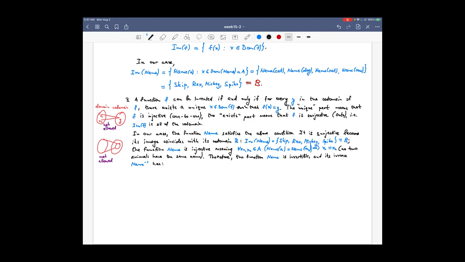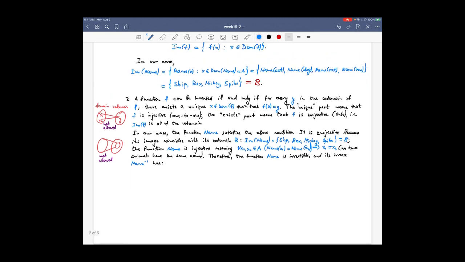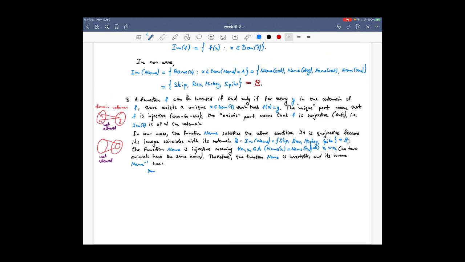The domain of the inverse is the same as the image of the original function.